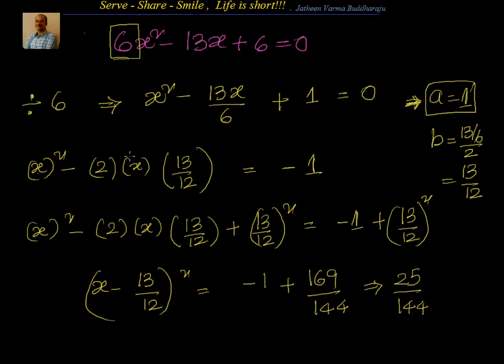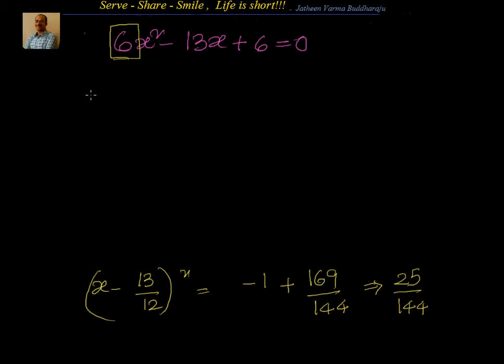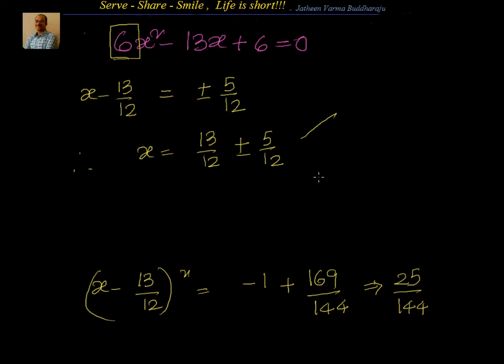So that is 25/144. Now let's take the square root on both sides. If we take the square root on both sides, we will have x − 13/12 = plus or minus 5/12. Therefore, x = 13/12 plus or minus 5/12.